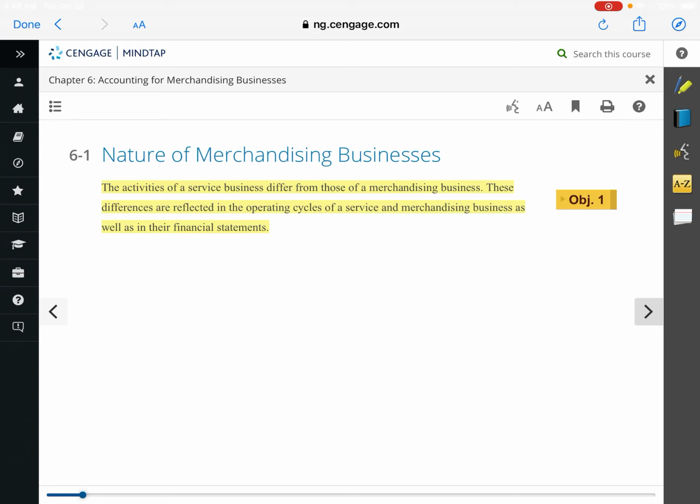When we look at the operating cycle of a merchandising business, they go and they buy this merchandise. They bring it back to their store, and then the end goal for them is to sell those goods. Once they sell them, there are two ways a customer can pay: by cash or by accounts receivable.